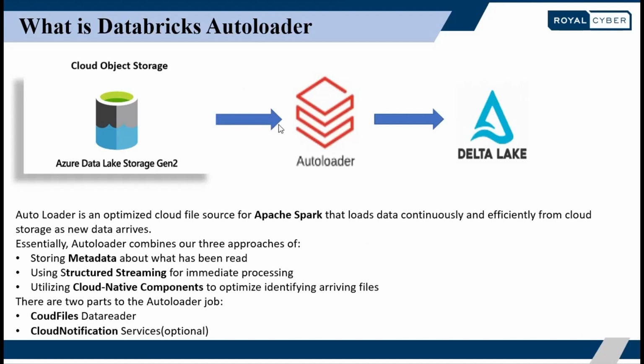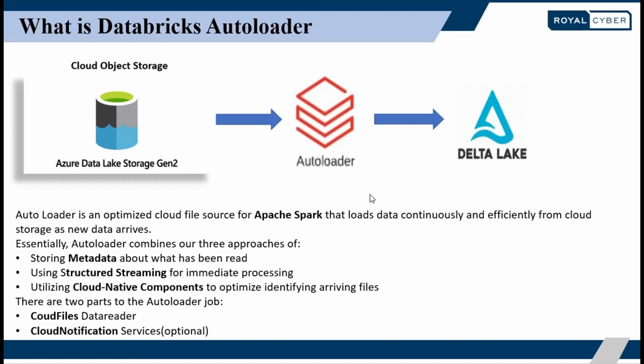Cloud files is handled by Autoloader for the incremental files. But the cloud notification is an optional service that is used for files which are newly arrived. If we need any notification or we need to change the file name for that newly arrived file, we can use that cloud notification service.